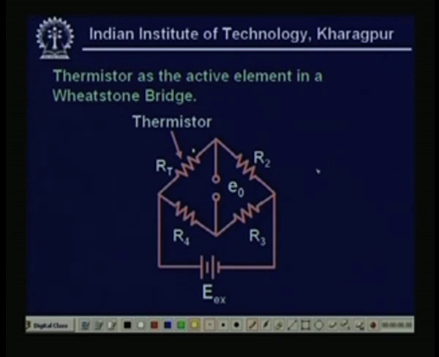This unbalanced voltage I can feed to a V2F converter, and then to a counter or frequency measuring circuit.